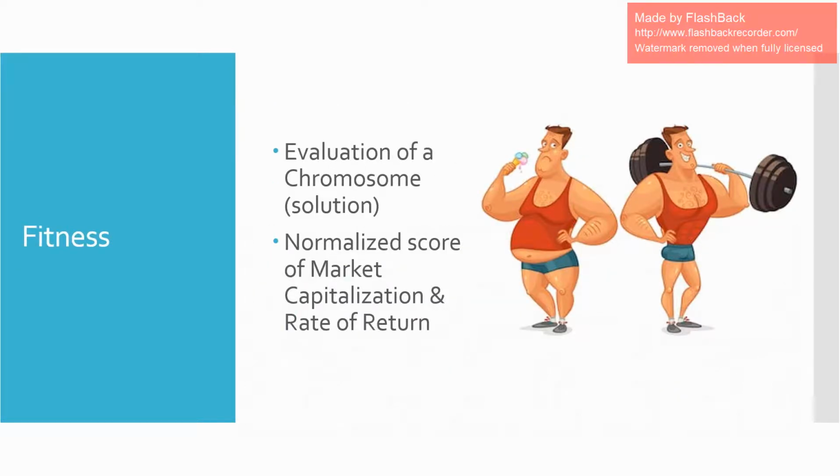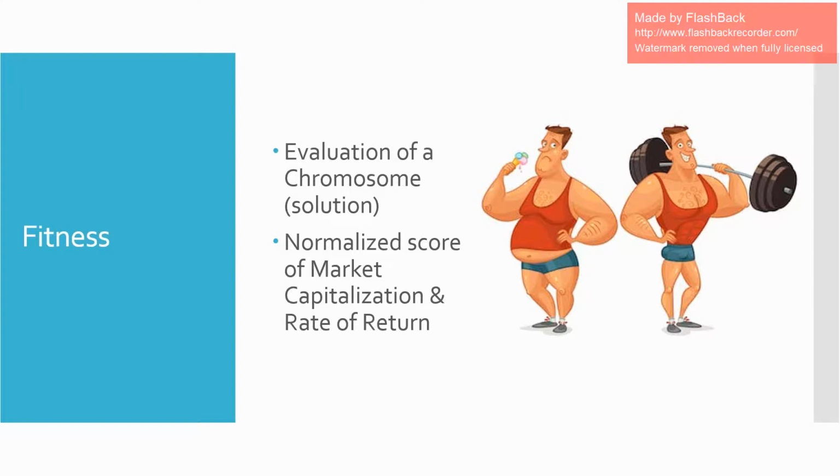The next component of the genetic algorithm is fitness. The fitness of a chromosome equates to basically the result of its evaluation metric. For this project, the evaluation metric was a normalized score for all the stocks in the candidate portfolio. The two main features used for evaluation were market capitalization and rate of return. The reason I chose these, first market capitalization, is I read in research that market capitalization is one of the well-known core factors frequently used in analyzing and forecasting the stock market.